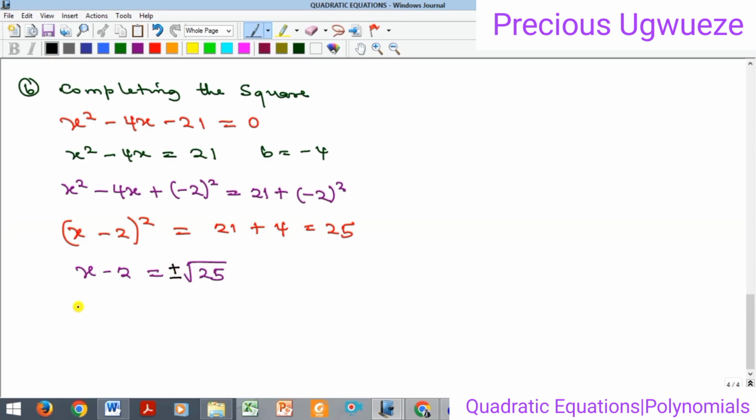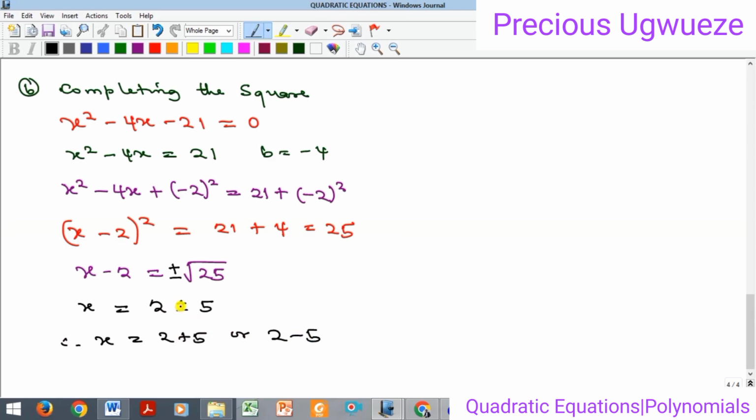So the final step is now to solve this to get your x. That's make x the subject of the formula. I will take this to the other side, and it will become 2 plus or minus the square root of 25, which is 5. Therefore, my x is equal to 2 plus 5 or 2 minus 5.